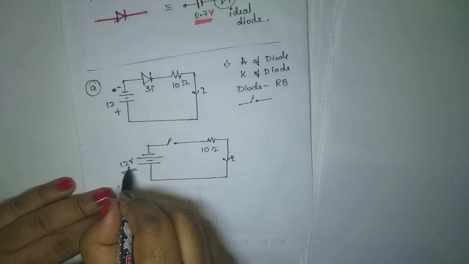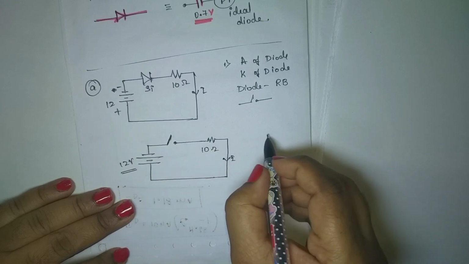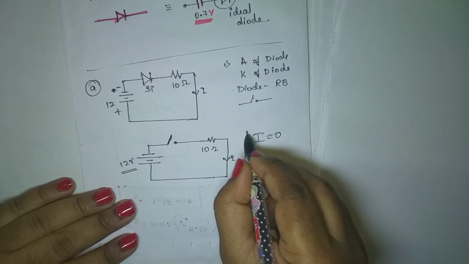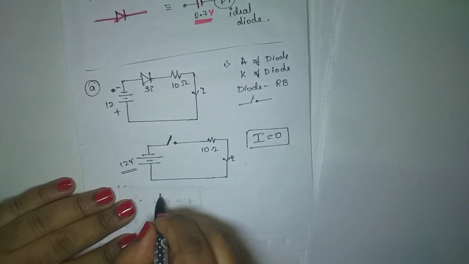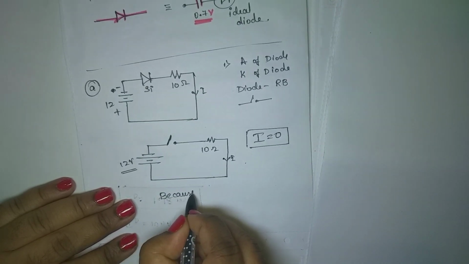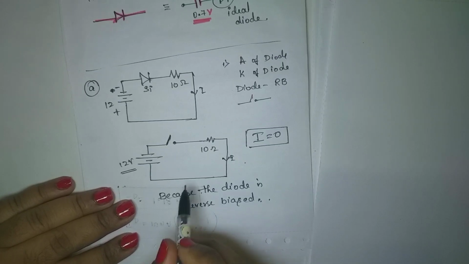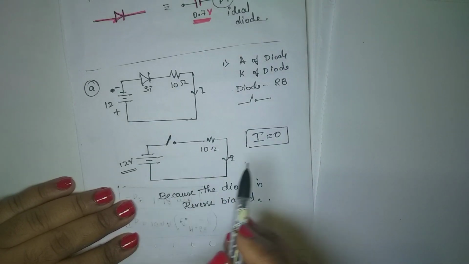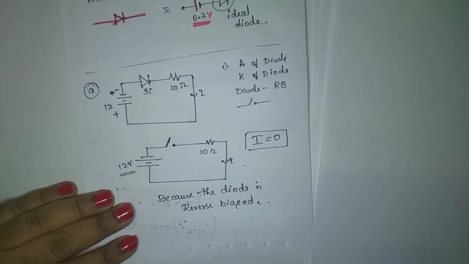Whatever the value of the source, because you have an open circuit here, the current flowing is equal to 0. The current is 0 because the diode is reverse biased. So no current flows here.